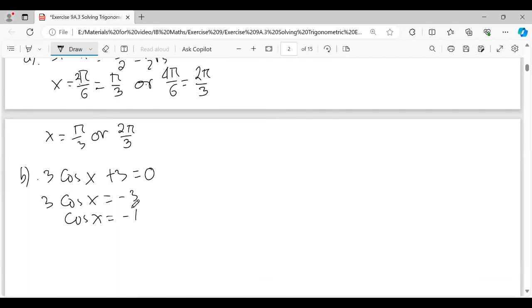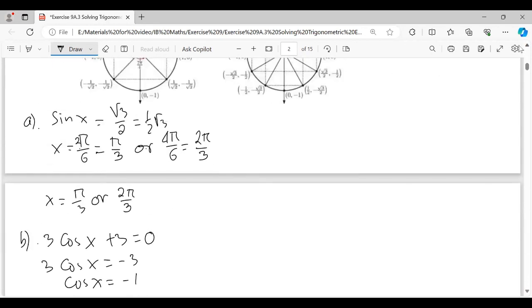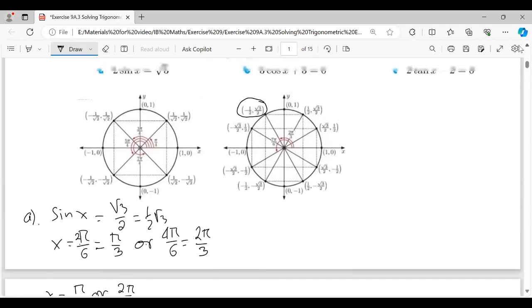So again we need this circle diagram. If cosine is negative 1, this, it means x equals pi.